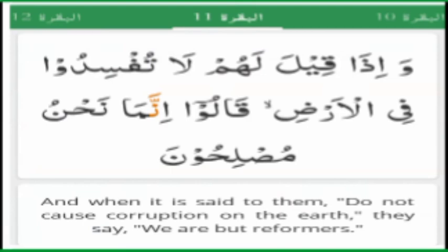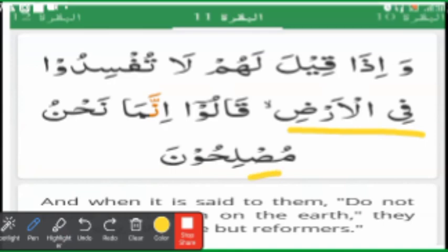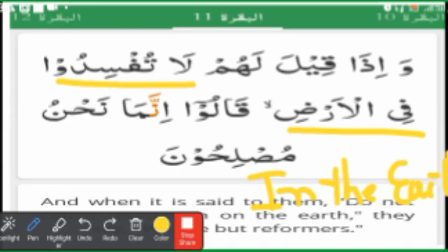So when we say fil ard, we said that fi means in. So this should be translated as in the earth, right? But obviously, when we speak English, we mean to say on the earth. It can also be in the earth, the same as in. But when you are making fasad, when it says don't do corruption, fasad mat phailao, fil ard, zameen mein.